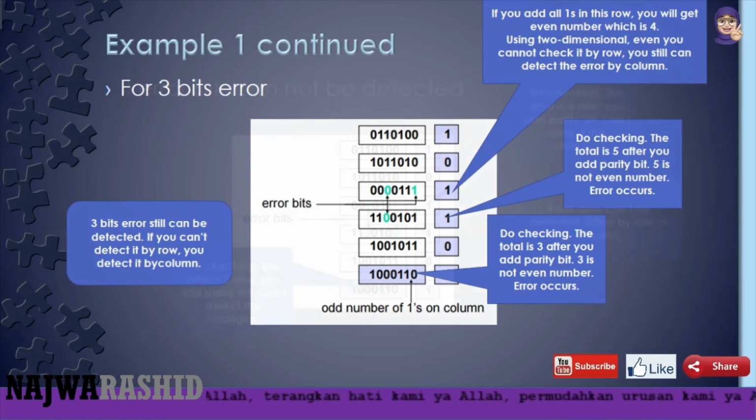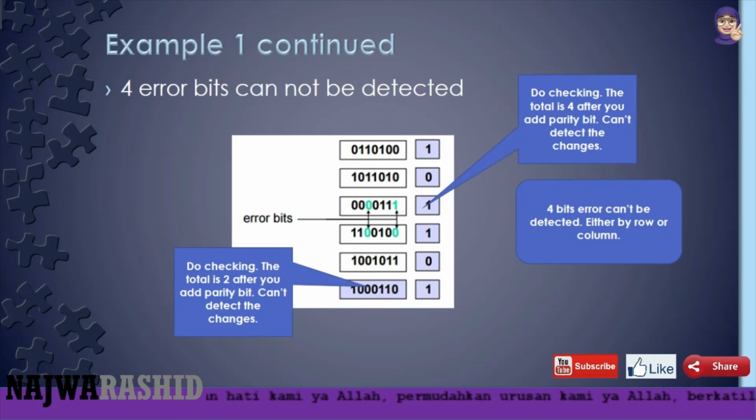How about 4-bit errors? Okay, now we try to change another bit, this bit. When we do checking, the total is 4 after you apply the parity bit at this point, and when we check at this point, the total is 2 after you add the parity bit. You can't detect the changes. So you can make a conclusion here.